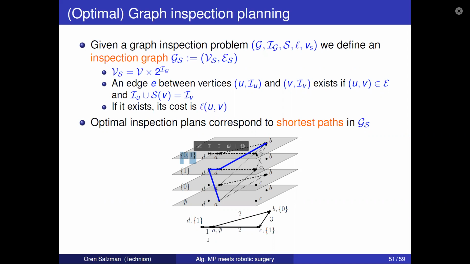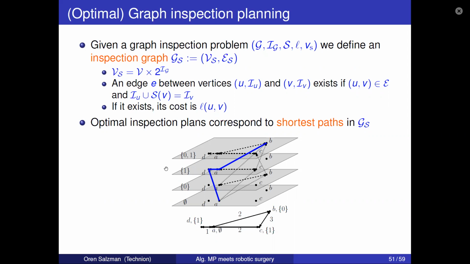And the path that we saw earlier goes from A to D. So we start at A, seeing nothing. We go to D, and now we already see point of interest 1. We go back to A, and notice that this is a different version of the vertex A because we see a different subset of points of interest. And then we move to B, and we see the entire set of points of interest.